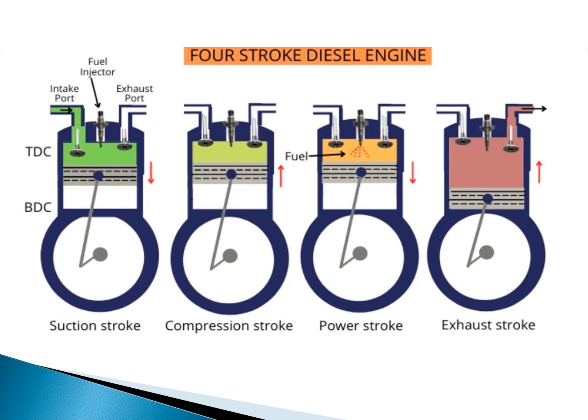Now let's discuss the core part of this discussion, that is the working of the four-stroke diesel engine. As we discussed, the first stroke is known as the suction stroke.